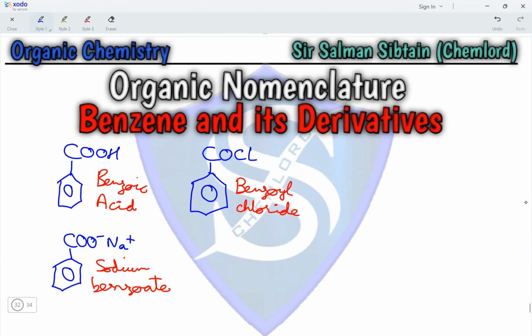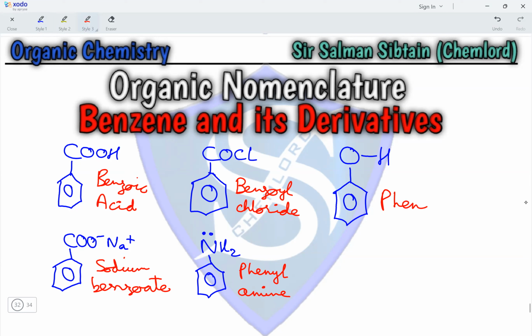Another compound in which we've got an NH2 group directly attached to the benzene molecule. This compound is known as phenylamine. Now, these names need to be remembered. There is no set logic to why they are named in this way, but these are special considerations that we need to remember. Another molecule with an OH group directly attached to the benzene ring is known as phenol.